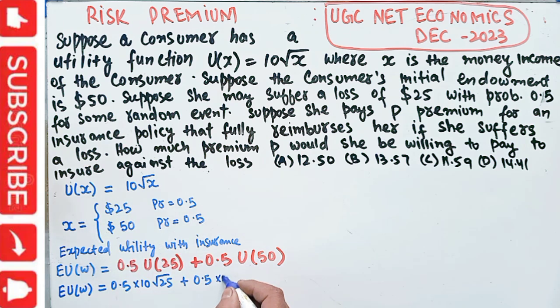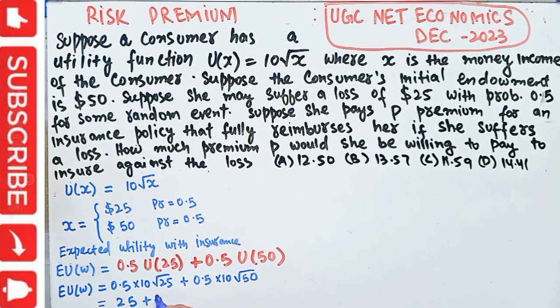Solving this, 25 is a perfect square, so it will become 5 tens are 50 into 0.5, which is 25, plus 0.5 into 10 into under root 50.